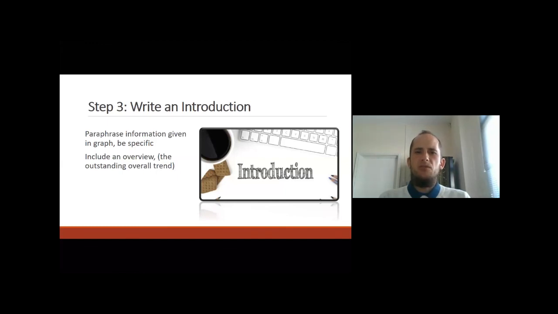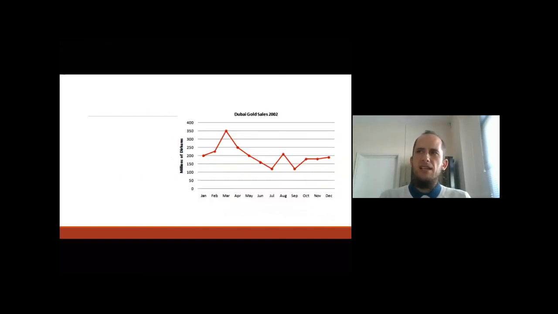We're talking about what's happening in the graph overall. And in this case, what do you think is happening in this graph overall? What would be the overall trend? If you take 2 or 3 steps back from this graph and look at it, where you can't really see the numbers, what would be the overall trend?